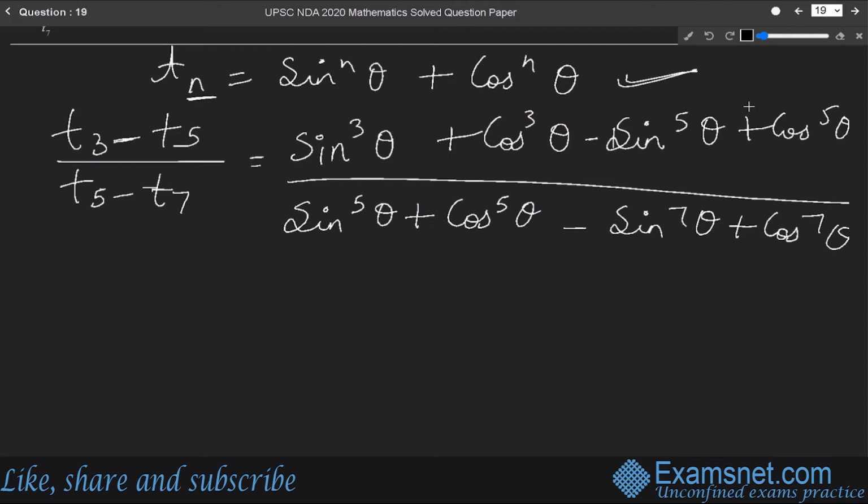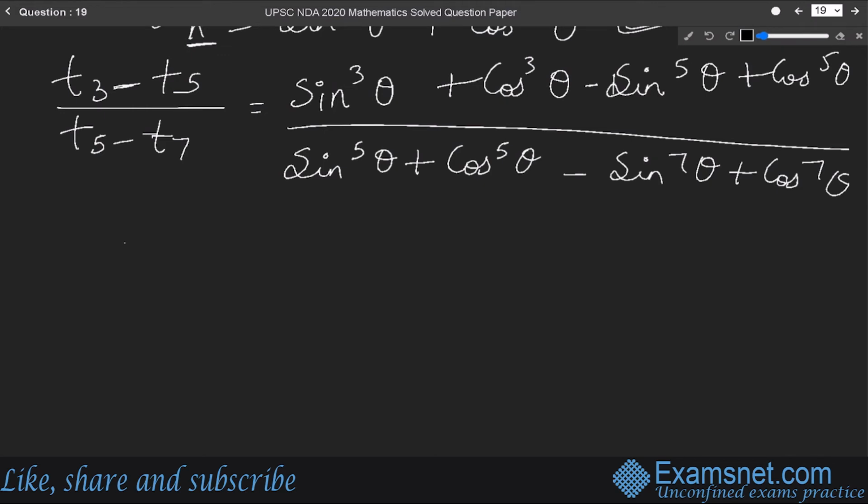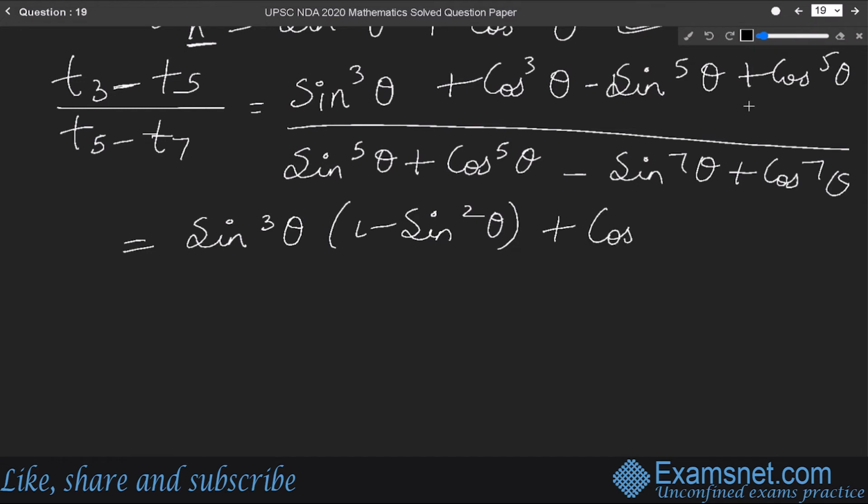So again solving further, we will get sin cube theta common. So the remaining terms will be 1 minus sin square theta, and again we can take cos cube theta common. So the remaining terms will be 1 minus cos square theta.